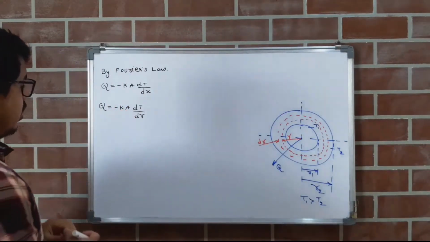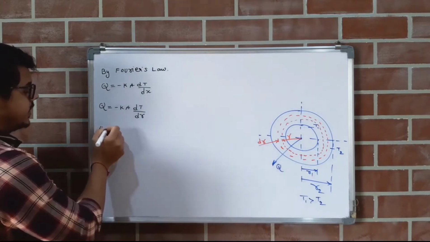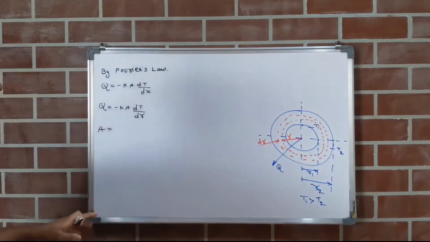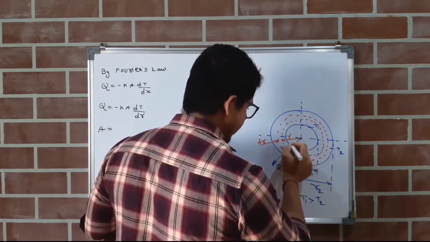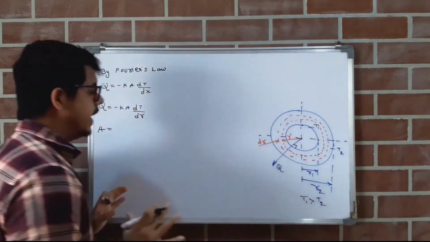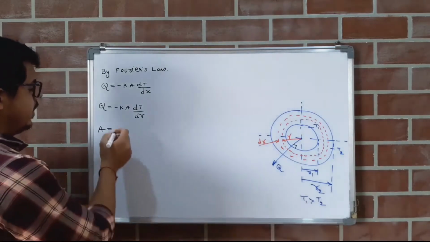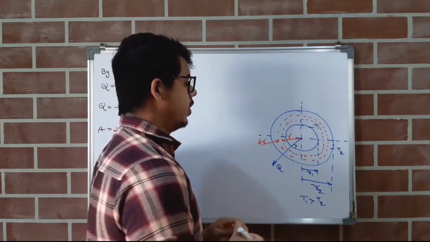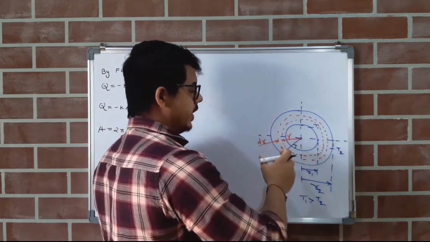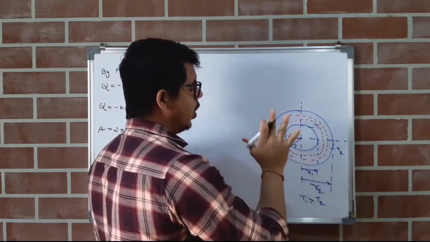Now first we will see what the area is. This A is the area which is perpendicular to the heat flow, so perpendicular to the heat flow will be this area. This is the area of the cylinder. Now what will be the area of the cylinder? It will be 2 pi. Here we are considering the area of the element, not the whole hollow cylinder.